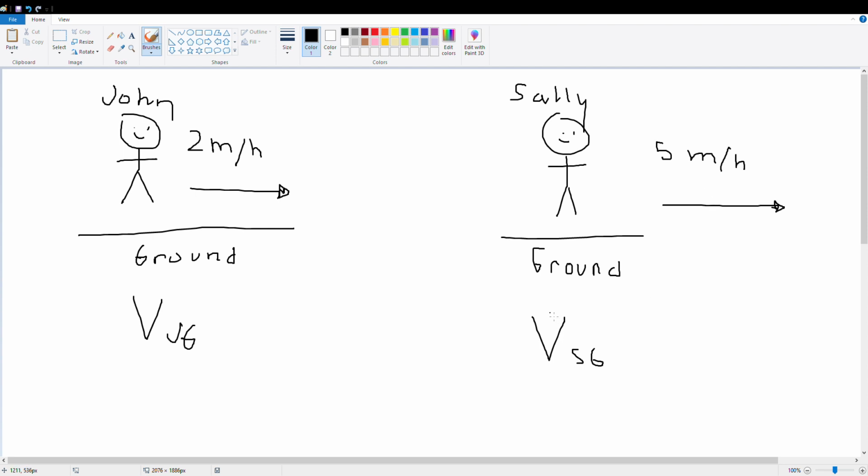So this would mean Sally's velocity relative to John is 3 miles per hour greater than John's velocity relative to the ground. Relative to John's velocity, Sally is moving 3 miles per hour greater than John.